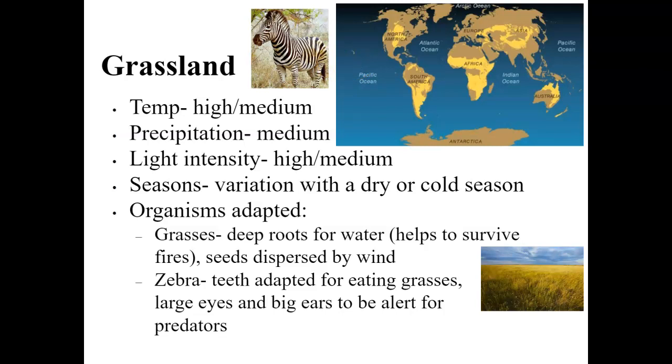And they do have some seasonal variations since they're not exactly along the equator, especially the ones that are farther away from the equator. But within their seasons, they do tend to have at least a dry or cold season. And so organisms, again, would have to be well adapted to these grasslands.